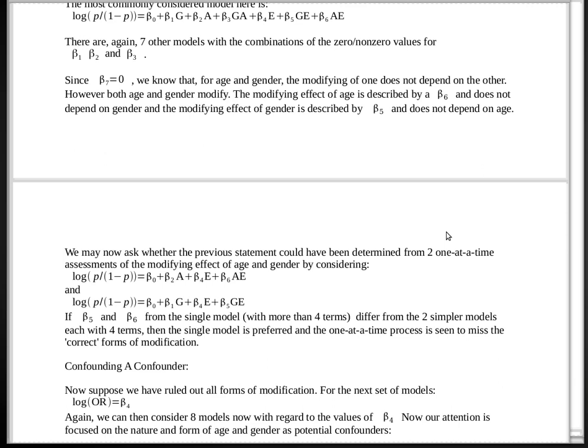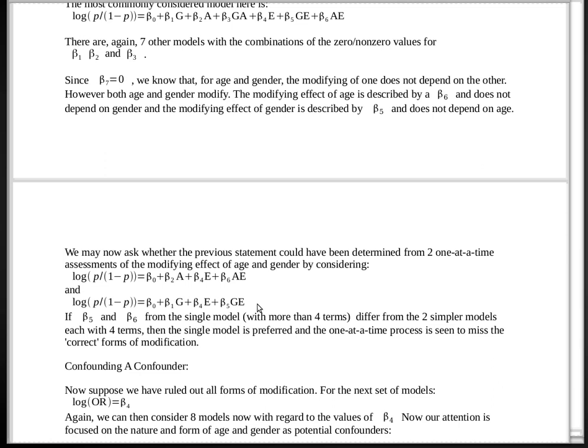Now, keeping in mind that one of the clearest comparisons in this situation would be where we compare the one-at-a-time models with the most elaborate. So what we would have here is this model here involving all 7 terms, and these 2 models that involve only adjustment individually. Only accounting for age individually, where this would be the model for the assessment of age modification without any consideration of gender, and similarly this model would be used for assessing gender modification without any assessment or inclusion of age.